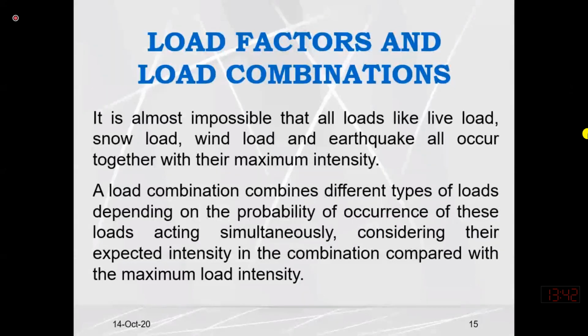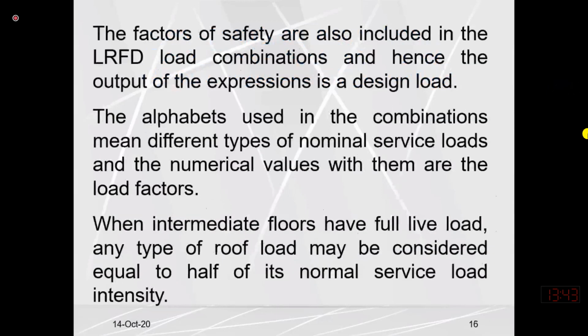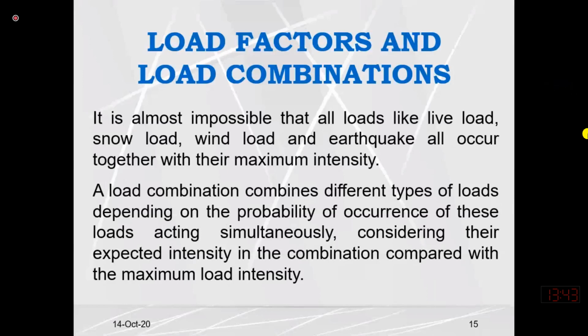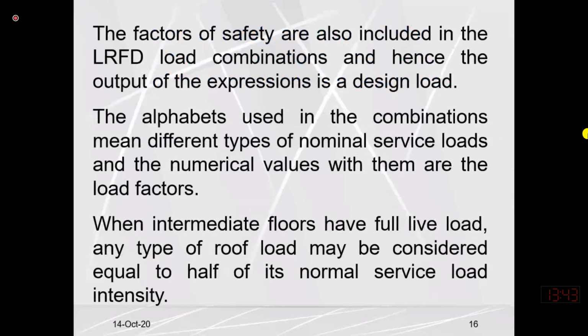These combinations are specified by the AISC and ACI codes, and they are based upon some engineering judgment and also upon field experience. There are different types of load that may occur on the structure, which are represented by different alphabets.